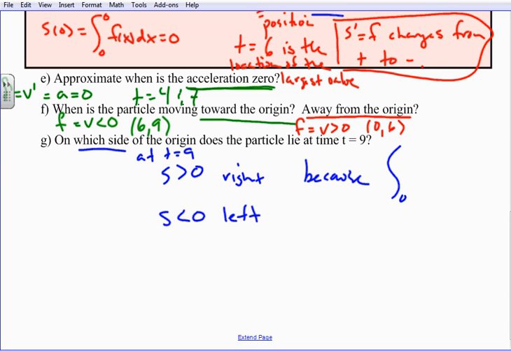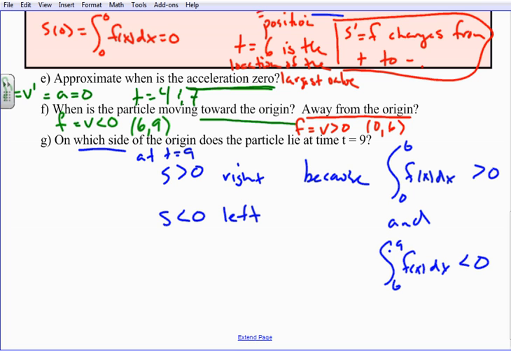The integral from 0 to 6 of f of x dx, that value is going to be positive, and the integral from 6 to 9 of f of x dx, we know that area is going to be negative.